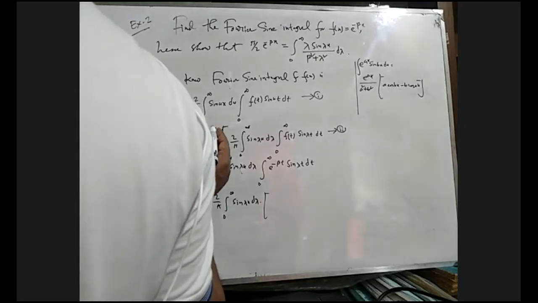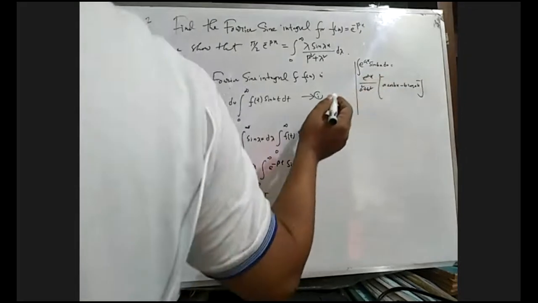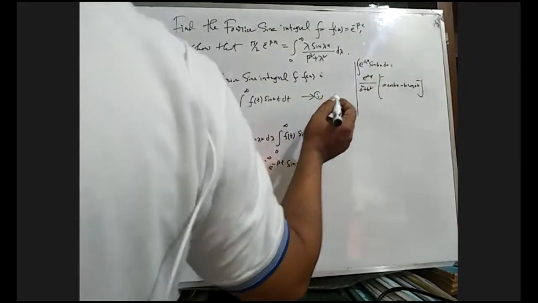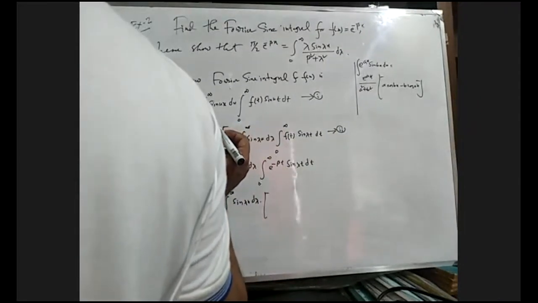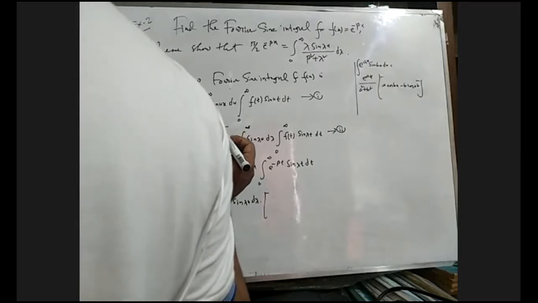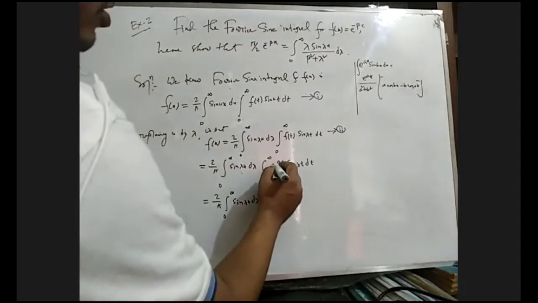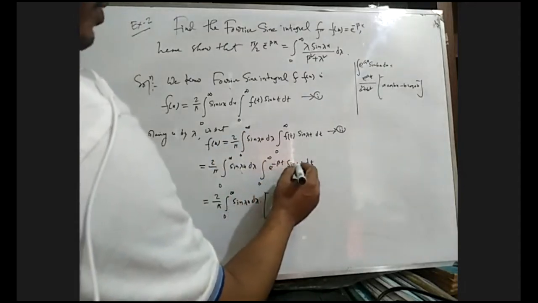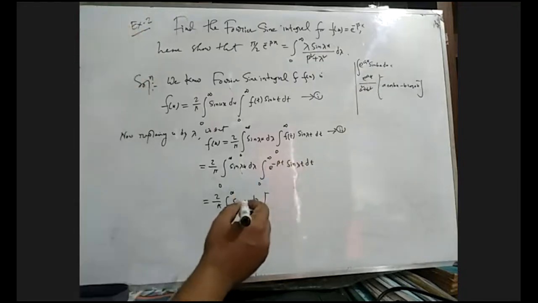This will be e to the power ax divided by a square plus b square, within brackets a sine bx minus b cos bx. So here a equals minus beta, and b equals lambda.